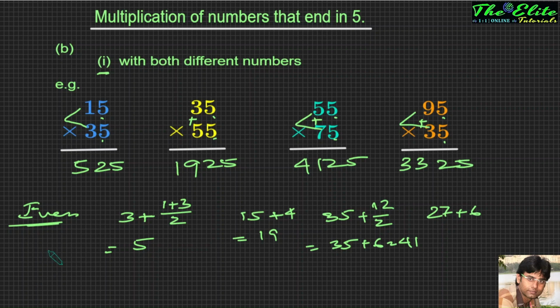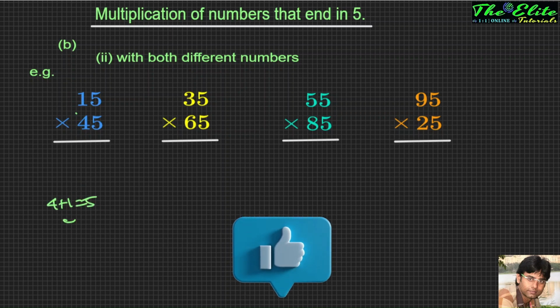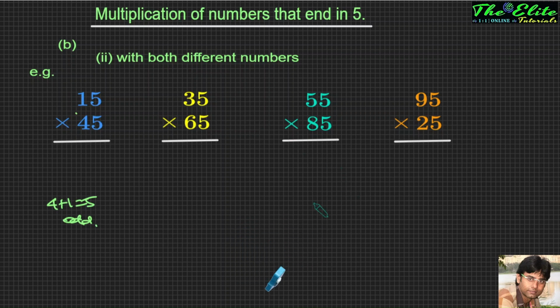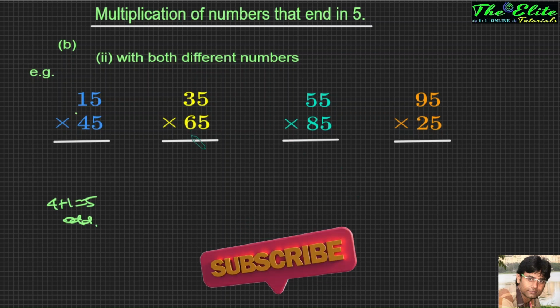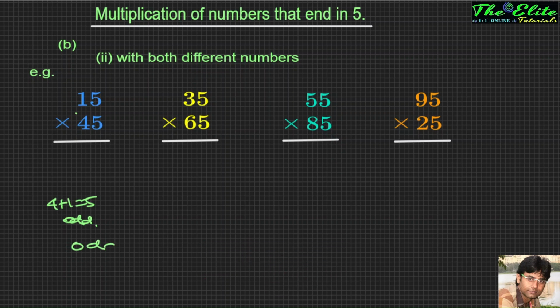I hope you understand. Okay, let's see the next category. In the next category, you will find the sum of the tens place digits is odd, like 4 plus 1 is 5, which is an odd number. Okay, 3 plus 6 is 9, that is an odd number. So everywhere you will find odd.